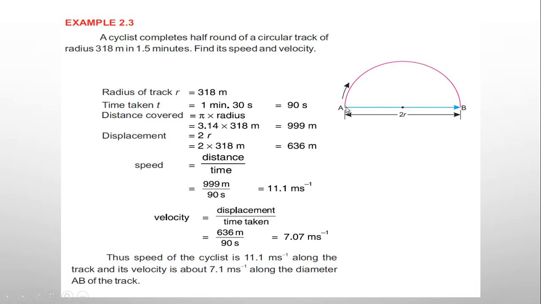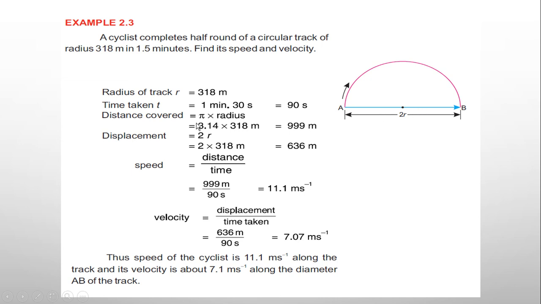You know that here is point A and here is point B. If I join point A with point B, I will get the diameter of the circle, and I have the value of radius. So I know that diameter is equal to 2 radius, meaning you will multiply 2 with the radius of the circle, so you will get the diameter, and this diameter is the displacement covered by the cyclist.